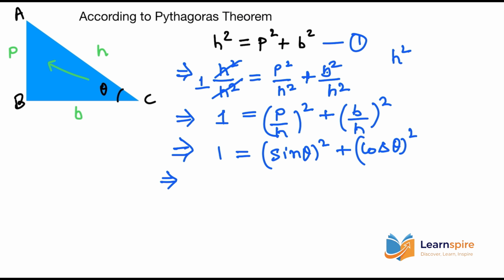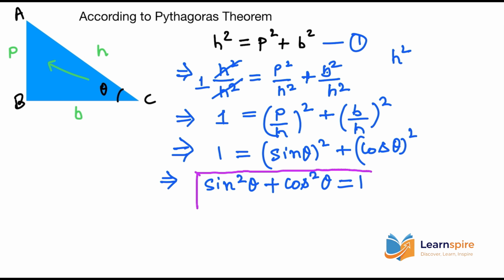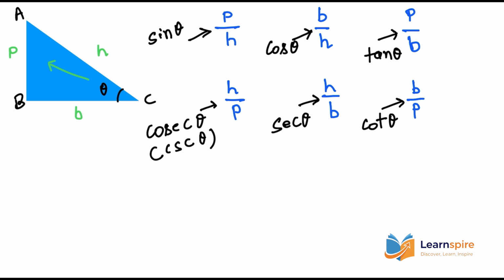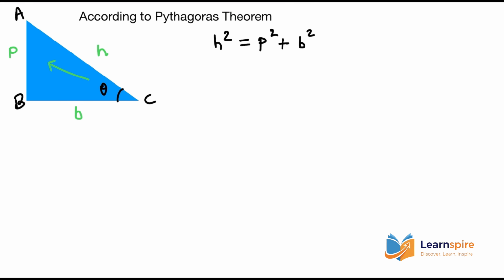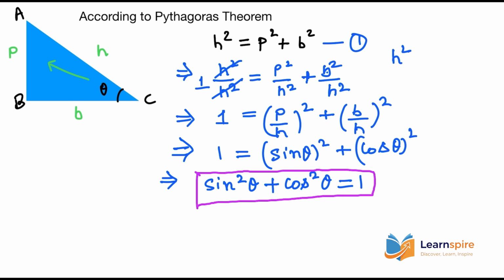Now, reversing the equation, we get sine square theta plus cos square theta equals 1. And this is how we prove our first trigonometric identity. So we have already proven this. Now let's move ahead and try to prove the other two trigonometric identities using the Pythagoras theorem.